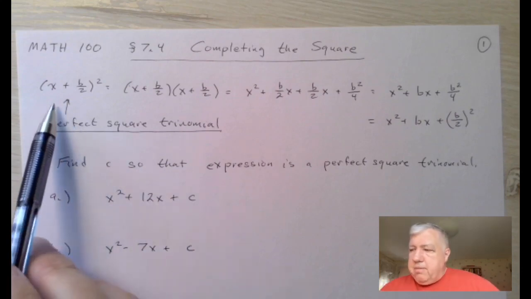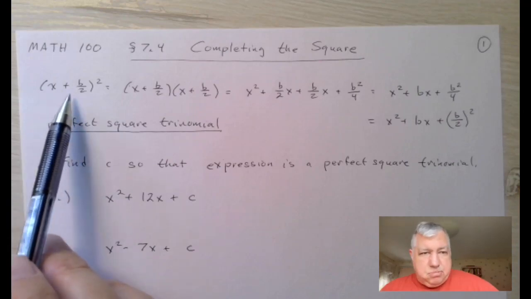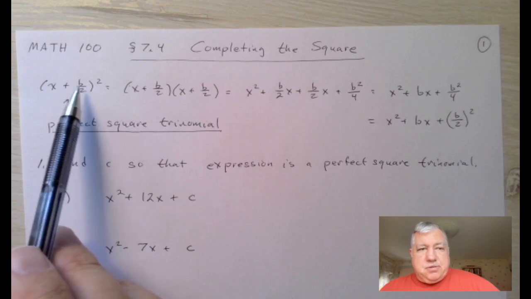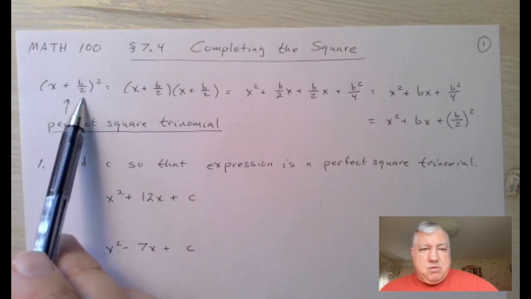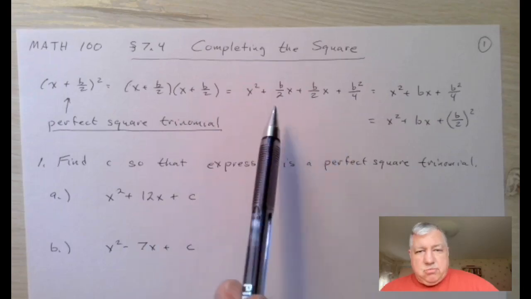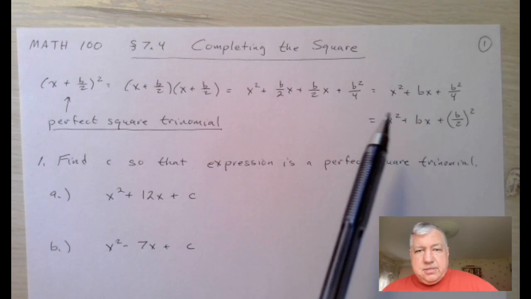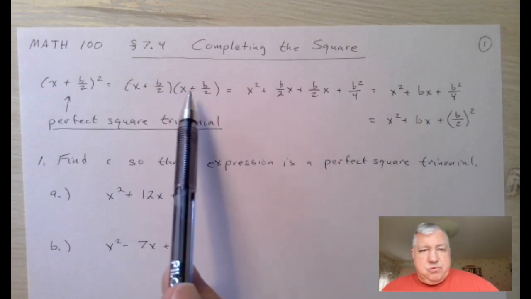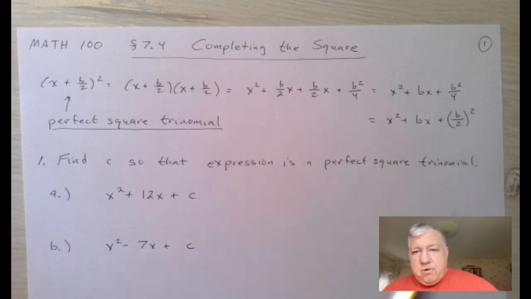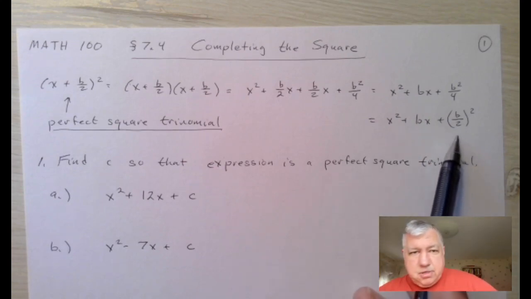The way we do this is we use this identity: x plus b over 2, where b is just a number, quantity squared. If we multiply things out, we get 1/2 bx plus 1/2 bx, which is just bx, and b over 2 times b over 2 is b squared over 4. We can rewrite this as b over 2 quantity squared.